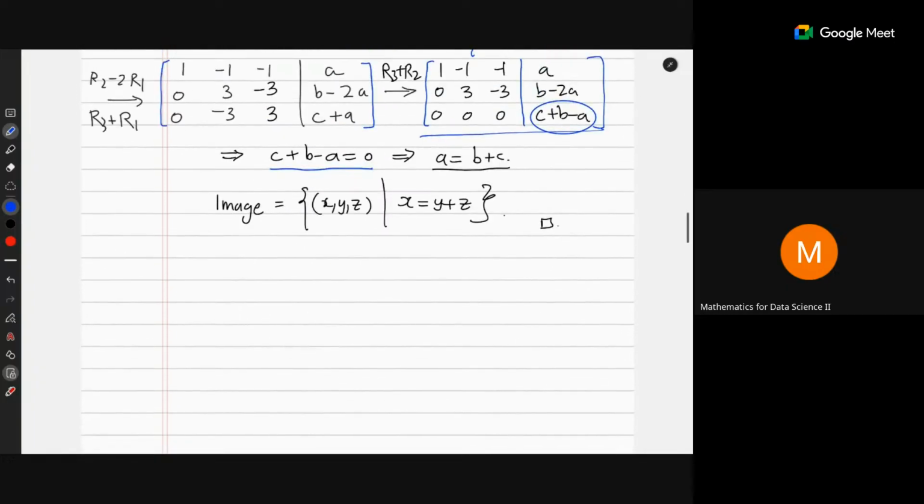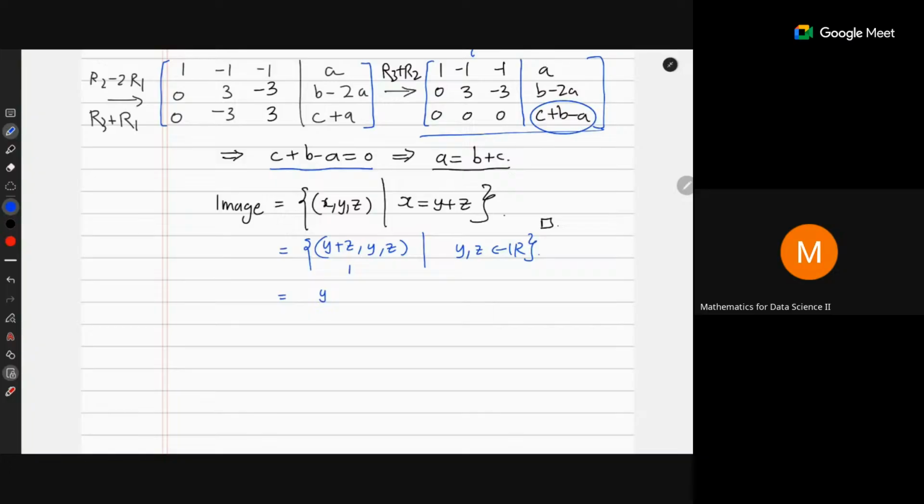All right. Now, can anyone tell me what will be the basis of this image? Now x is dependent on two variables, so you can express x as y plus z, with y and z free.